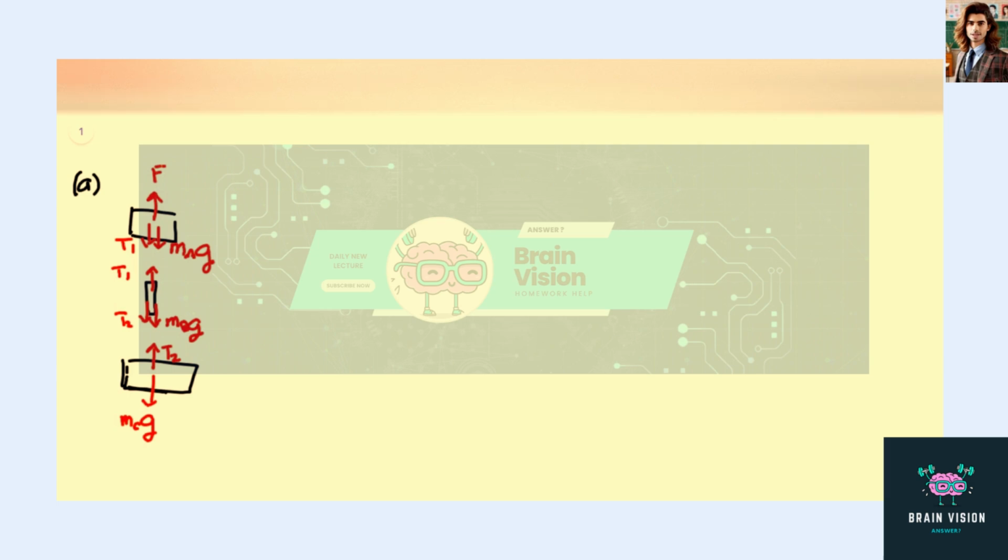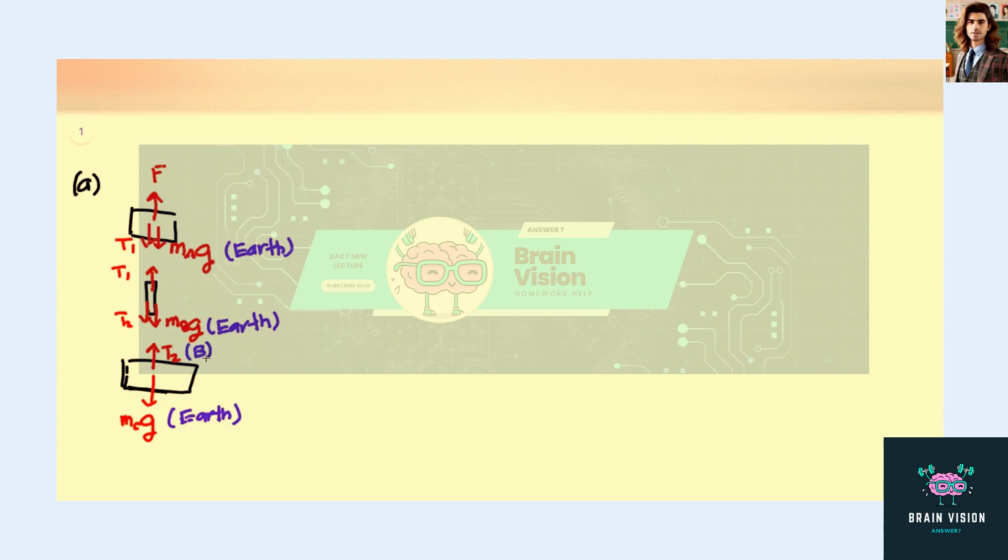Okay. Additionally, the problem wants us to explicitly state for all the forces what body is exerting that force. So I would say the easiest one to do first is all the gravities, and Earth is exerting the gravitational force on all three of those. On the tension forces, it's just coming from the adjacent or neighboring body.